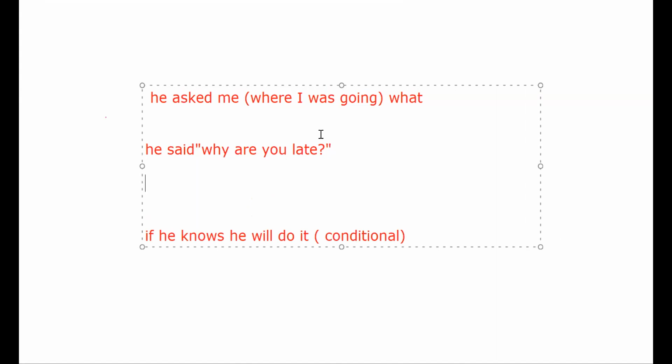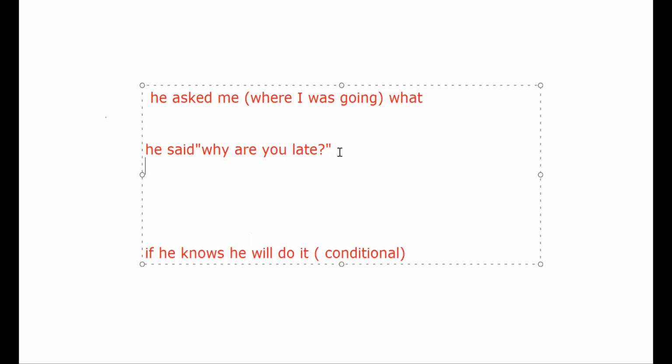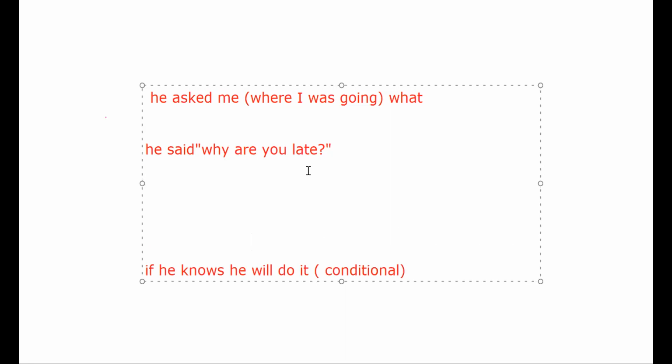Remember, simple logic. Whenever you have direct speech here, when you are asked to change this into indirect speech, you are playing with tenses. Look at this. He said, but because it is a question, I say he asked. I change this into asked. I don't put inverted commas. Why?